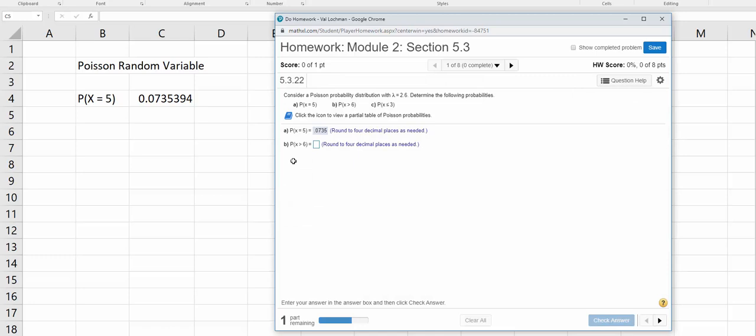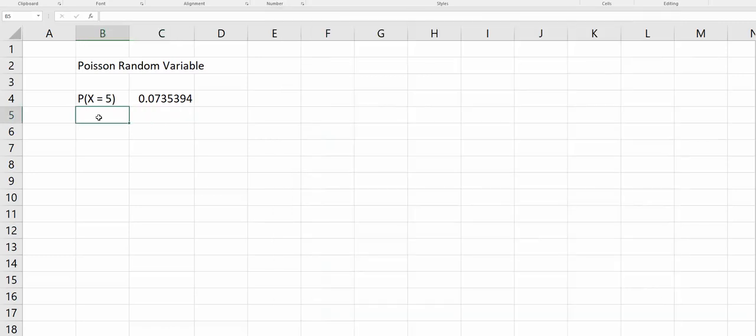The next probability is that x is greater than 6. Our function, just like with binomial, cannot compute the probability of x greater than or greater than or equal to.